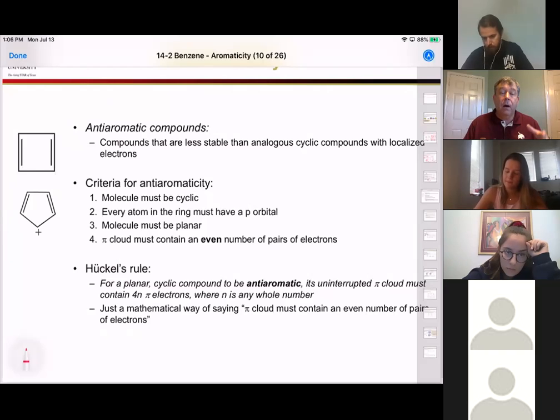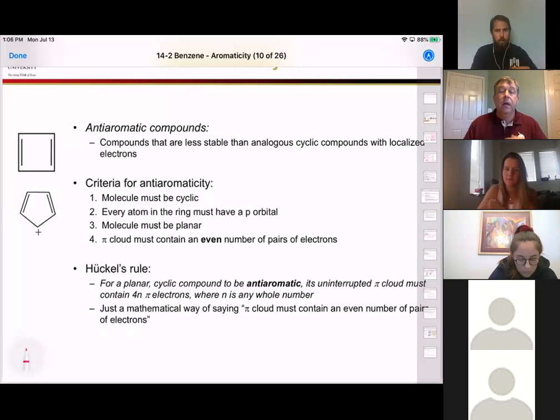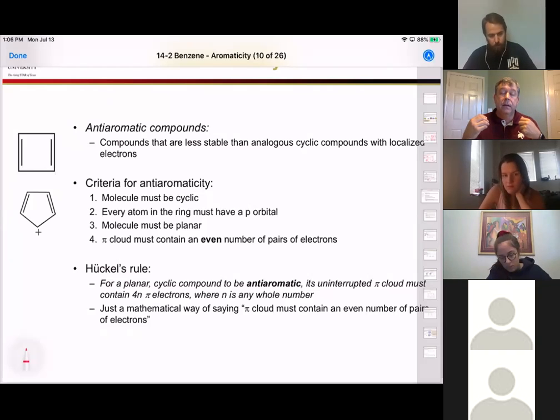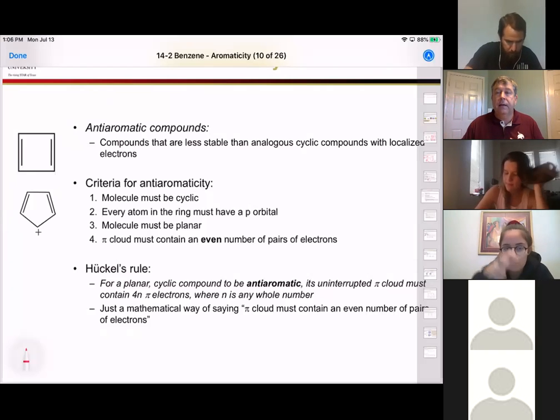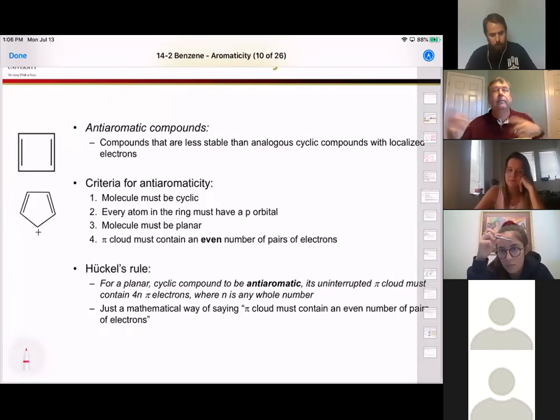So in our Huckel rule, instead of being 4n plus 2 for an aromatic compound, we just have 4n for anti-aromatic compounds, okay? So that means if n is 0, that's 0 electrons. If n is 1, that's 4 electrons. And then 4 times 2 is 8, so it's 4, 8, 12.